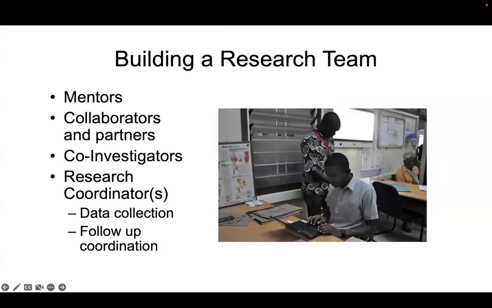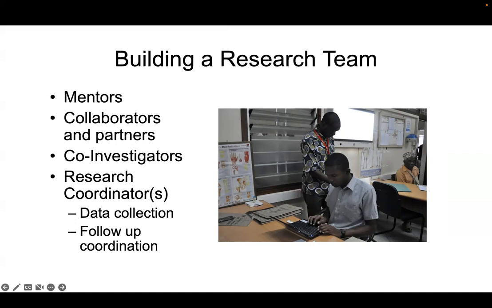Building a research team is incredibly crucial. If you're new to conducting research, it means identifying the right mentors, teachers, and the folks who are going to provide some guidance to you as you go about your research, identifying collaborators and partners, co-investigators, and importantly, research coordinators who will do a lot of the data collection, patient enrollment, and follow-ups.